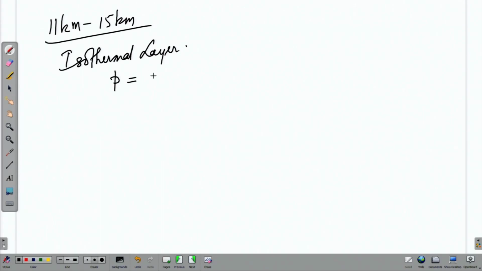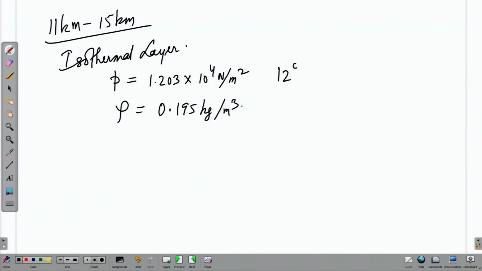Based on that, the pressure at 15 kilometers will be this, density at 15 kilometers will be this, and now they have reduced further. This is almost 12% of the sea level value, this is 16%.